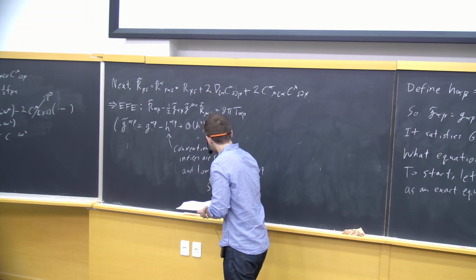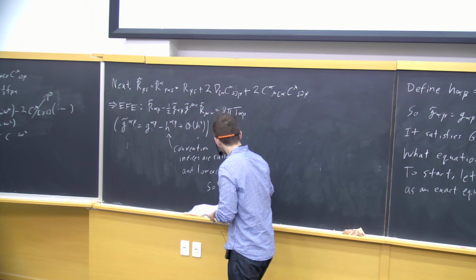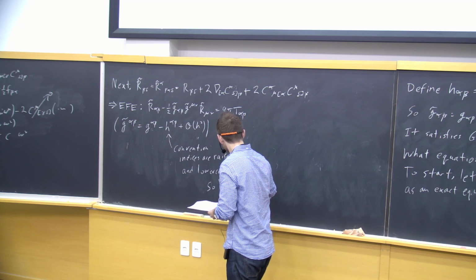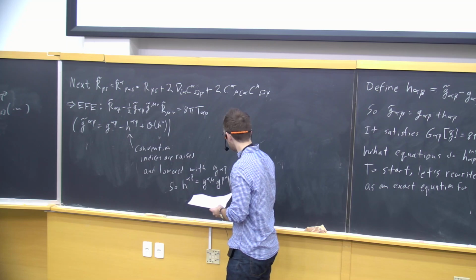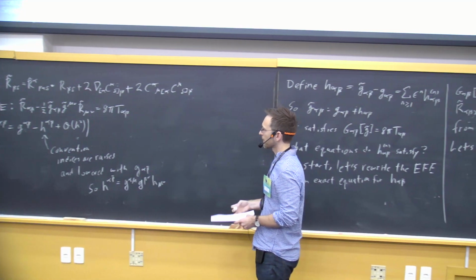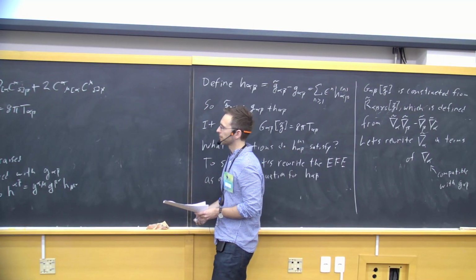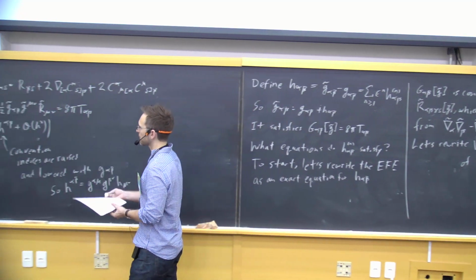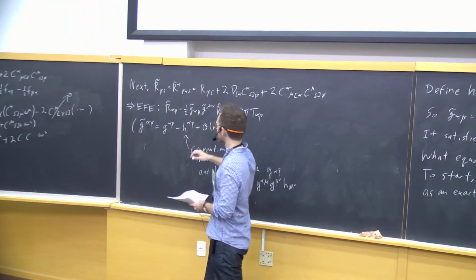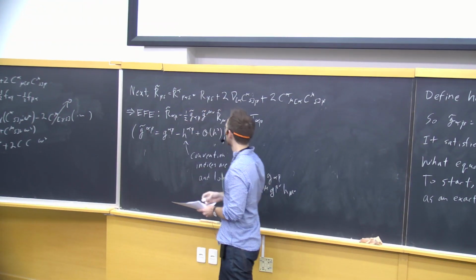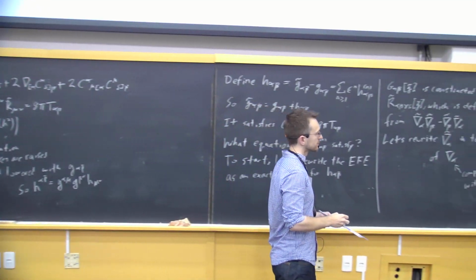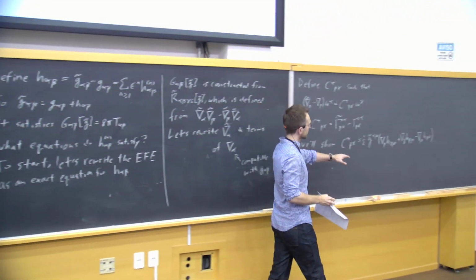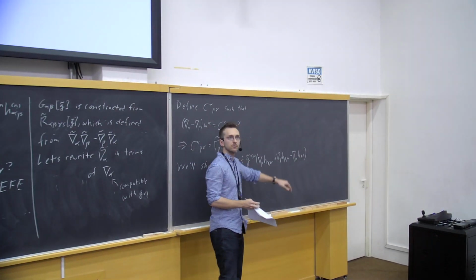So this h alpha beta I wrote is g alpha mu g beta nu h mu nu. Okay, so except for this approximation that's an expansion of the inverse metric, what we have here is an exact equation for the exact metric perturbation h.